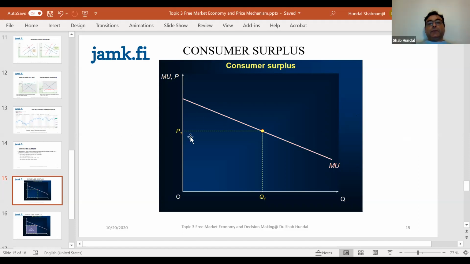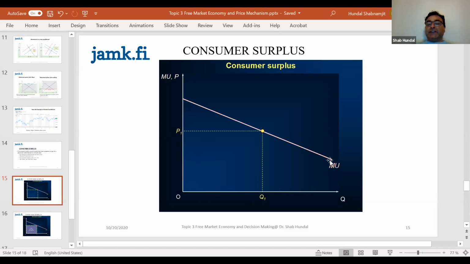But let's say this way: when I consume 1 unit, let's say this is 1 here, then the value which I attach to this product, 1 unit, is high. But if I buy 1 more, then the value I attach goes down. If I have the 2nd unit, 3rd, 4th, 5th, up to the 9th, I keep buying my shirts, and now my wardrobe is full.